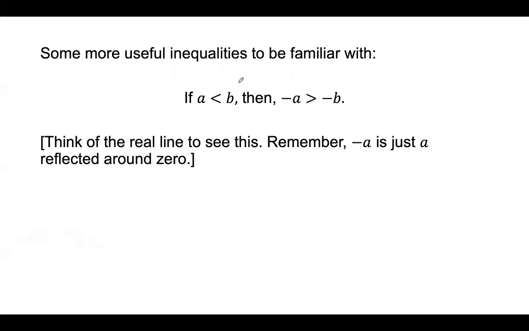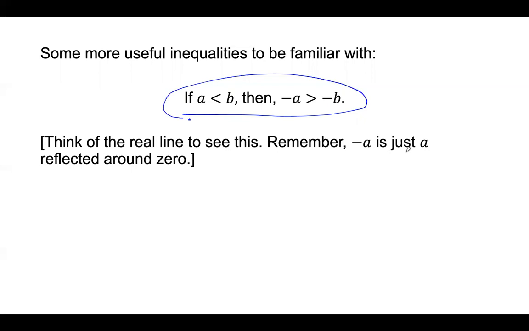Some more useful inequalities to be familiar with. So suppose A is less than B. If we multiply it by a negative number, we're going to get negative A is greater than negative B. You can think of the real number line to see this.